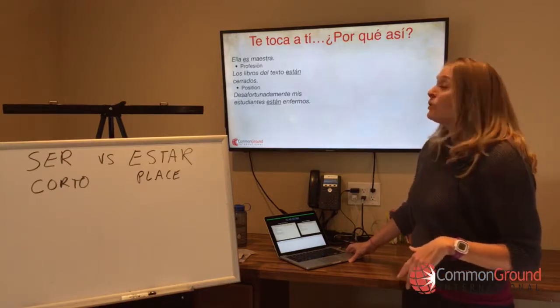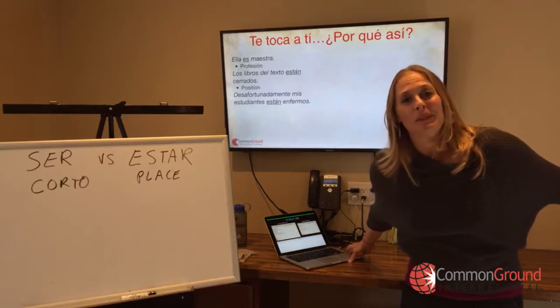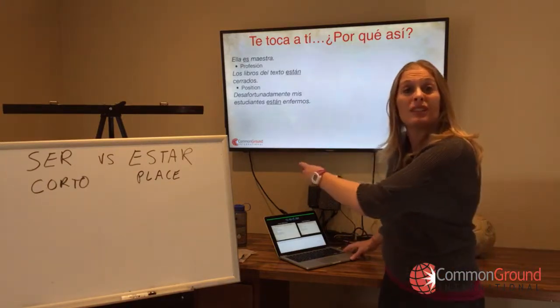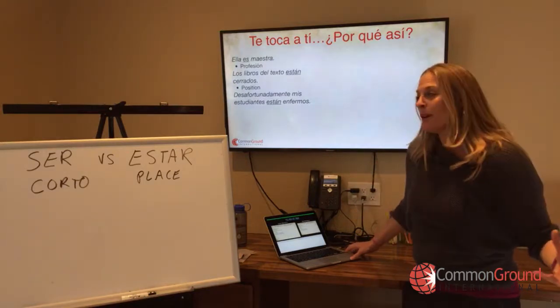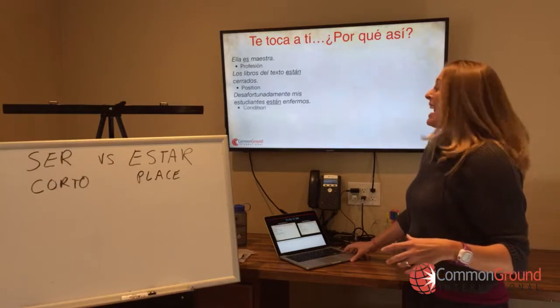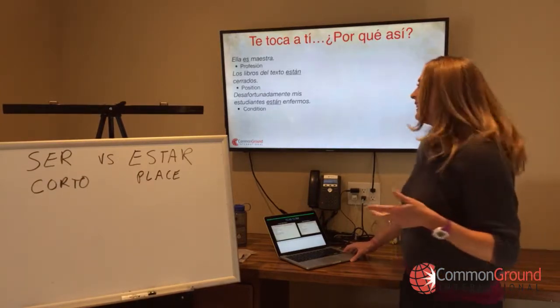Desafortunadamente, mis estudiantes están enfermos. Todos mis estudiantes están enfermos. What's this use of they are sick? Do you remember? It is in PLACE and condition. It's describing your students' condition right now.